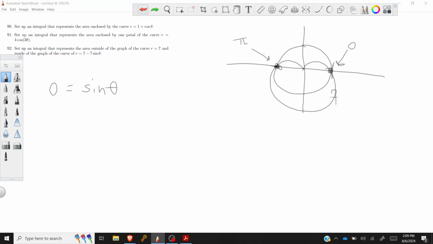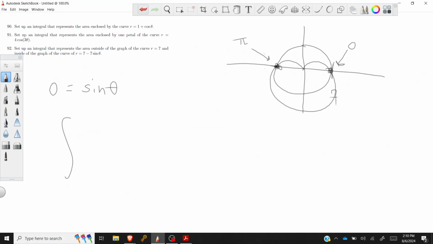So I don't need to worry about what the r values are between theta equaling 0 and theta equaling pi. What I care about is this section.